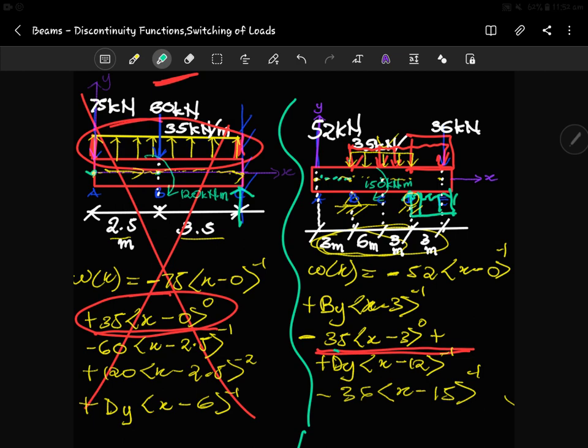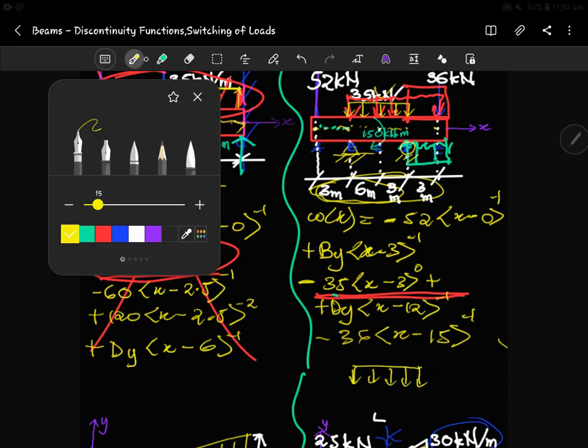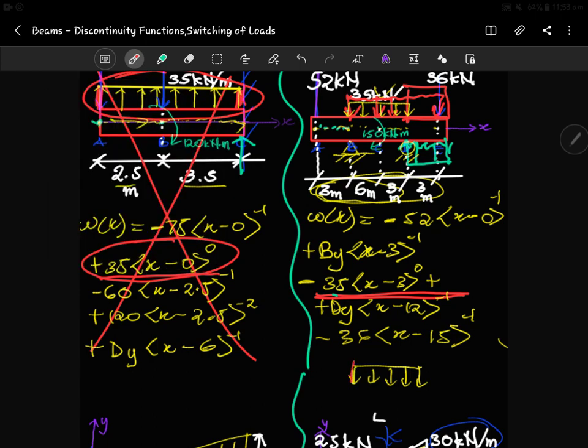Let me write it up somewhere so it's clear. So it's saying that the actual beam distributed load is this way, right? And ends here. But the equation I've written says that we've actually turned it on from here and then it extends up to this side, right? To this side.